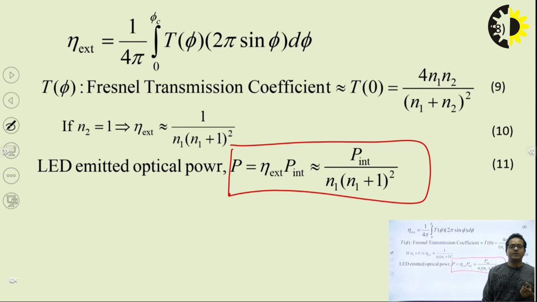It is the power generated internally from the active region of the LED, and P is the actual power which is emitted from the LED, which is eta external into P internal, further simplified as P internal upon n1 into (n1 plus 1) whole square.